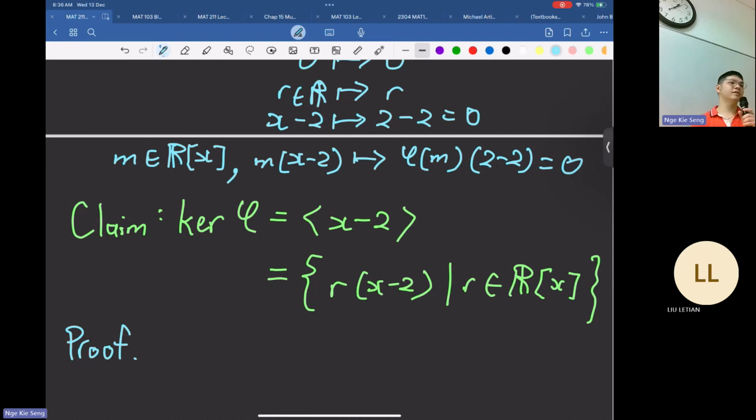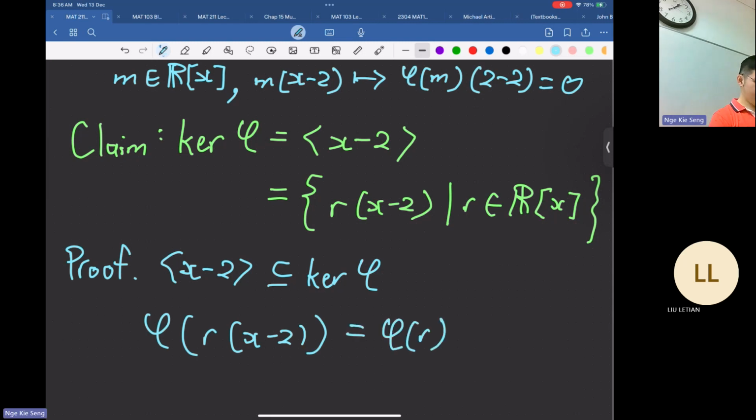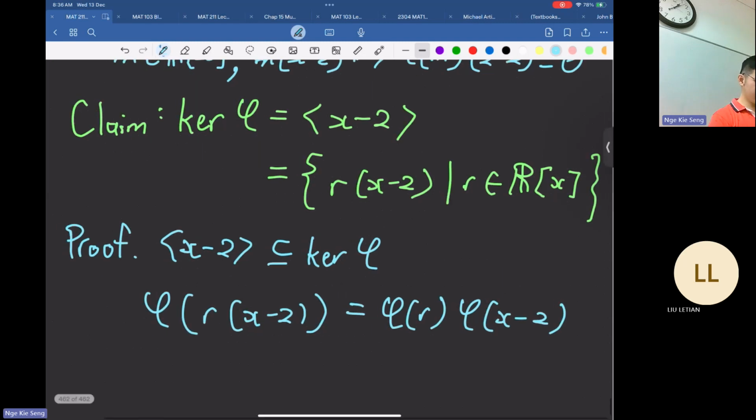Which side is easier? Going from the principal ideal to the kernel is easy. You just take phi and apply it to any element r times x minus 2. You get phi of r times phi of x minus 2. But phi of x minus 2 is just 0.